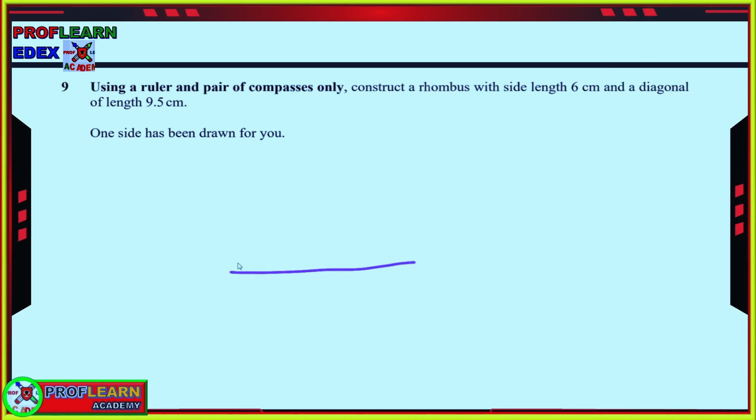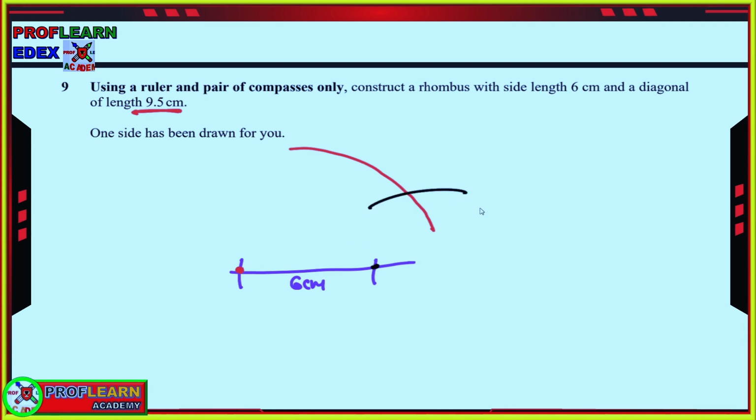We are going to first draw a line of 6 centimeters. Then from this point, use a pair of compasses to draw an arc of 9.5 centimeters, from the point I've indicated in red. Then from this second point, draw an arc of 6 centimeters.